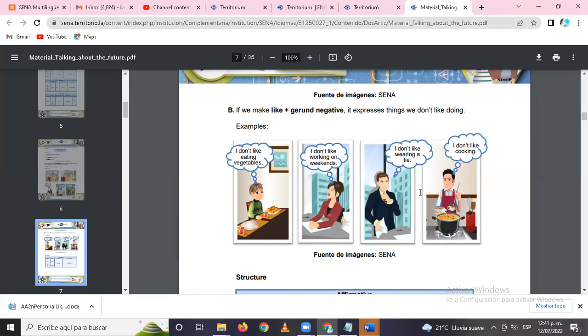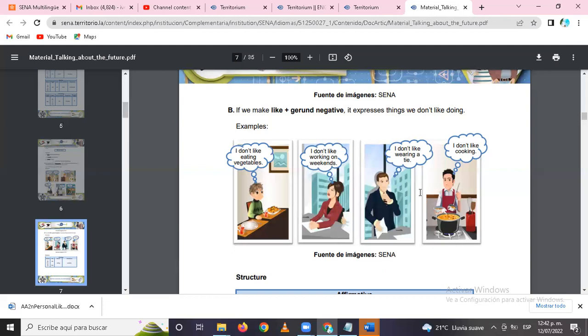Because sometimes they say, I like eat pizza. You know, so it's a very basic form. I like to eat, I like to speak, I like to dance. But yeah, it is more common using the gerund.